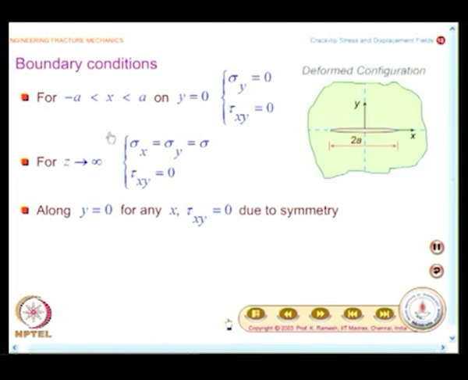And another aspect, all along we have been saying, if you look at the boundary condition also, we are looking at what happens close to the crack tip, we are looking at what happens at infinity. At this stage of solution development, we are really looking at the complete domain. See, I said closed form solutions are a luxury in solid mechanics, only very few problems have closed form solution.